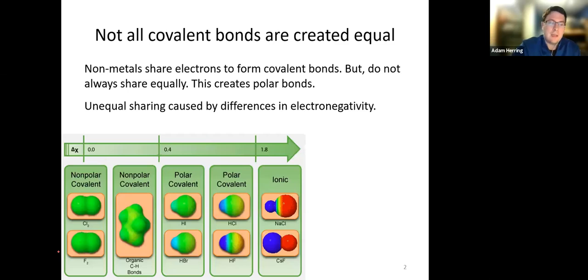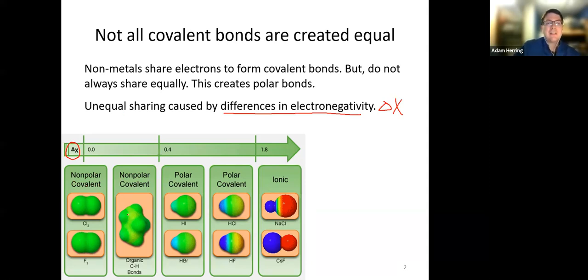So, for example, we can have a spectrum of types of covalent bonds. We can have nonpolar covalent bonds where the difference in electronegativity, represented by the Greek letter chi, is 0. And that's when the two elements are exactly the same.